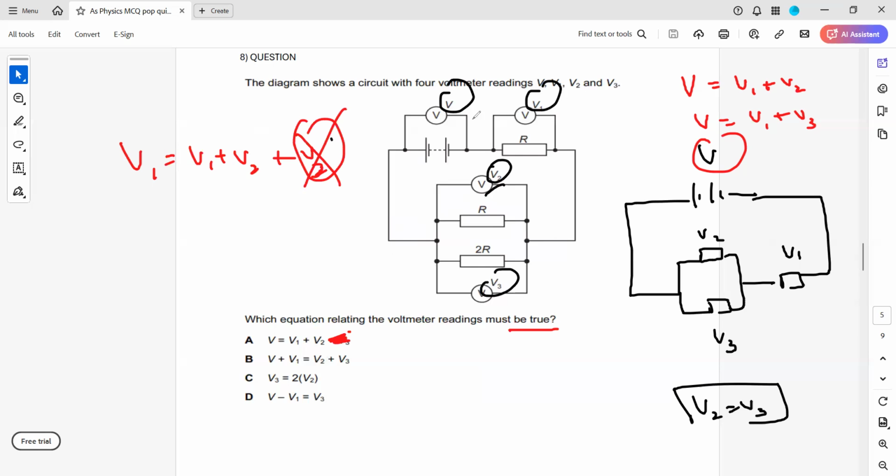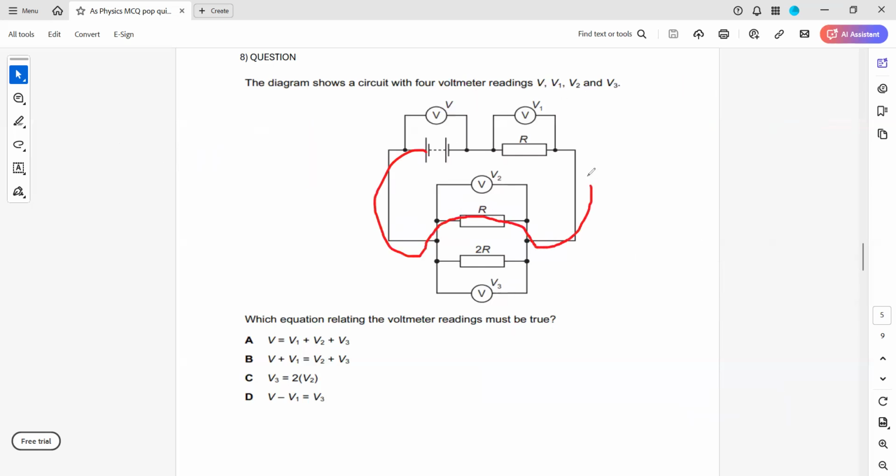Like if I take loop 1, this is loop 1. If I take loop 2, I can take loop 3 and I can take loop 4. So according to Kirchhoff's law, the total EMF is equal to the total potential drop in a closed loop.